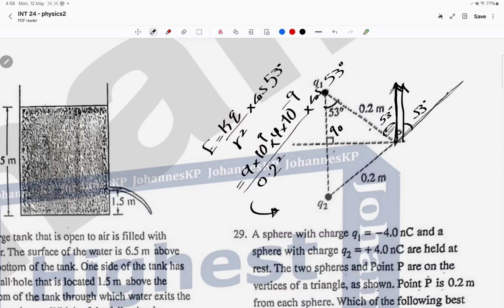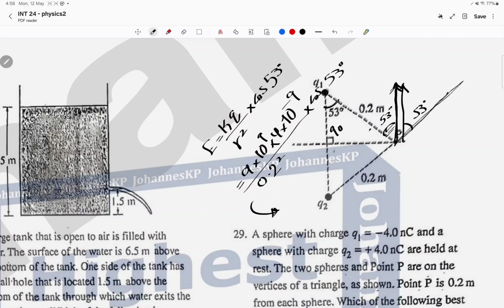Let's do it. Very nice. And of course you must multiply the answer by 2 because you have two of these things. Okay, I got 900. 900 times the 2, that's 1800.